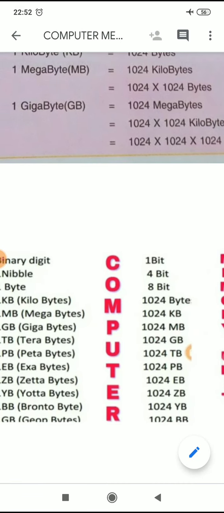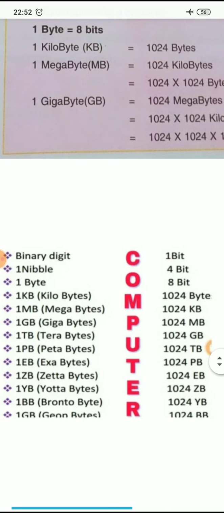1 exabyte is equal to 1024 petabytes. Then 1 ZB, 1 zettabyte is equal to 1024 exabytes. 1 yottabyte is equal to 1024 zettabytes, and 1 brontobyte is equal to 1024 yottabytes.